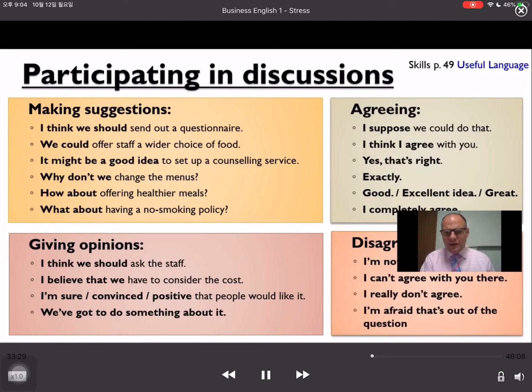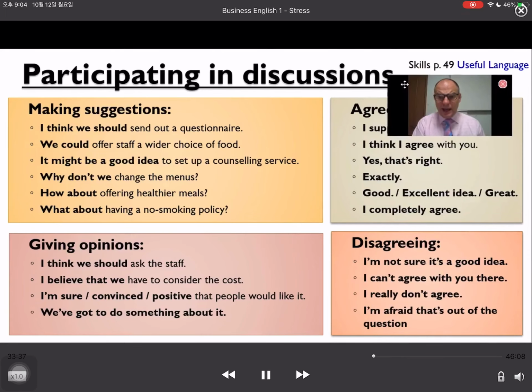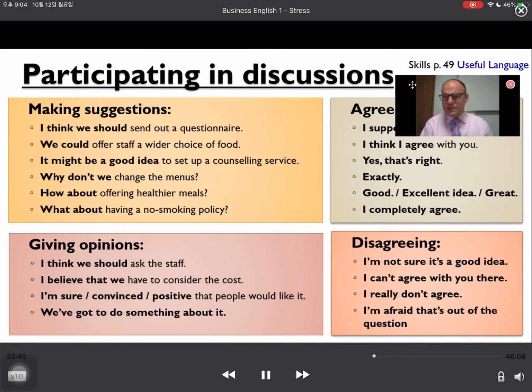Lots of great language there that you can use when you're participating in staff meetings and discussions. And again, great for business English too, when we do the role plays. So if you're doing business English too, again, make a note of that. Come back to it. There's a lot of really great language in there.